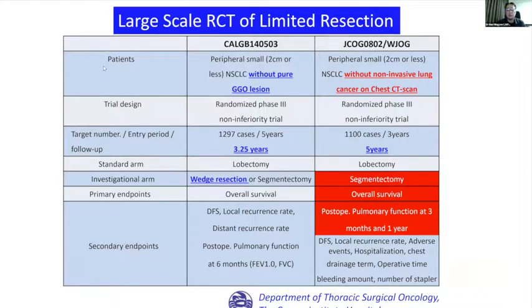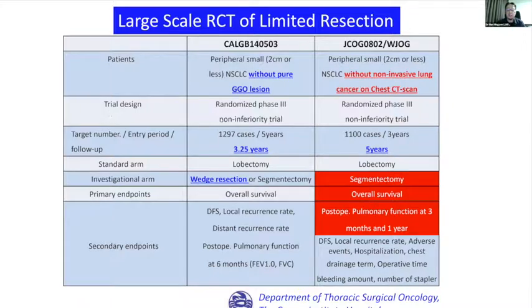The CALGB study included non-small cell lung cancer without a pure GGN region, but the JCOG study included non-small cell lung cancer without non-invasive lung cancer on thin-slice CT. In the CALGB study, sometimes patients with a consolidation to tumor ratio of 0.25 to 0.5 are included. These patients have a part of the non-invasive cases.